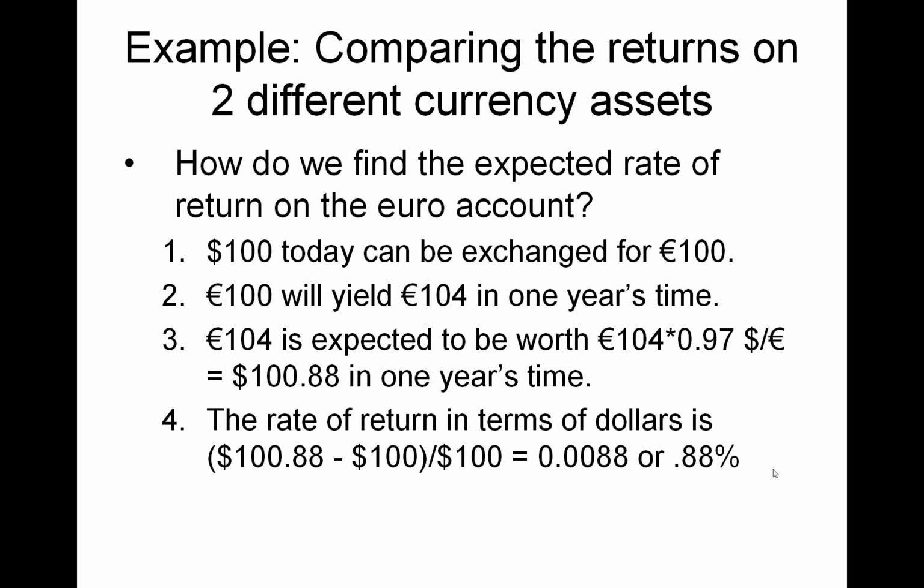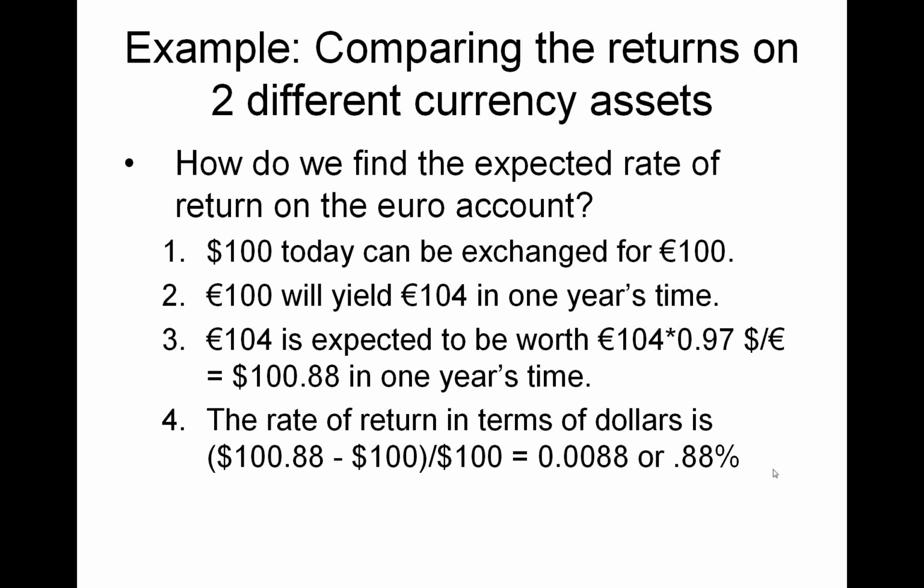So how do we find the expected rate of return on the euro account in terms of dollars? Well, first we take the $100 that we have today and think about what it can be exchanged for. It can be exchanged for 100 euros. Second, we put this 100 euros into a euro account, and it should yield 104 euros in 1 year's time, since the return on the euro account was 4%.